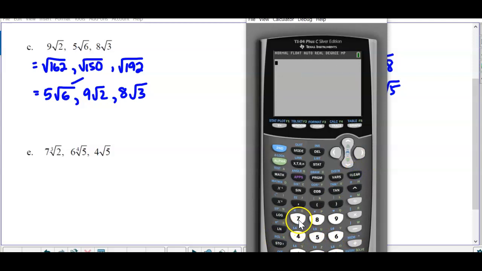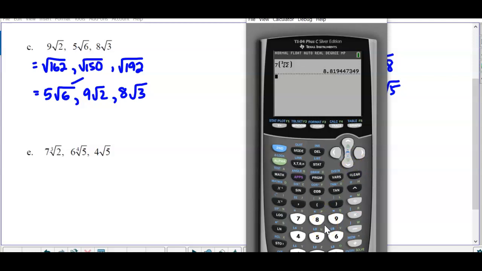So this will be 4 and then cubed root 2. Nice thing about graphing calculators, they have a big screen, so you can do multiple operations at once. Actually, I'm going to go like this. Yeah, I've got to fix that.